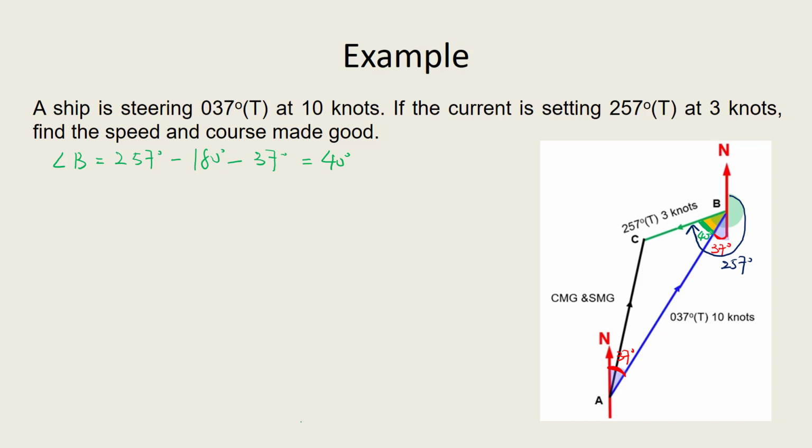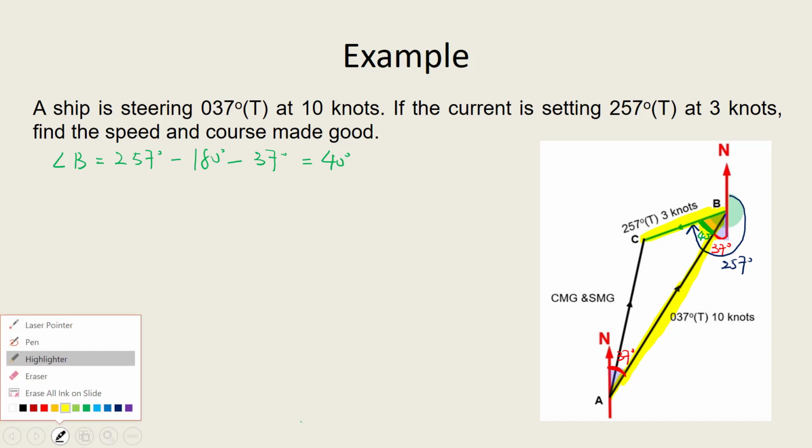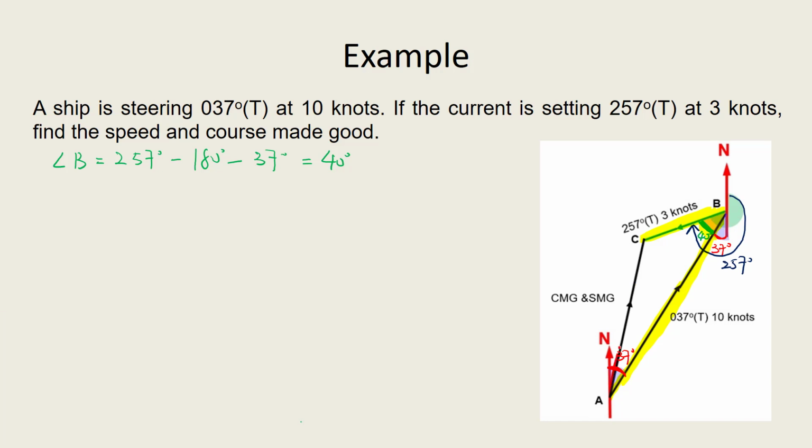At this juncture, we already know the length of AB over here, that is 10. We also know the length of BC, that is 3. And we also know the included angle is 40 degrees. So how are we going to find the length of AC? What's the best way? Should it be sine rule or cosine rule?